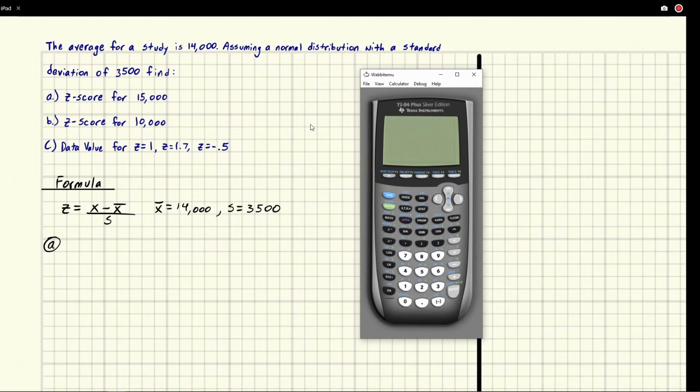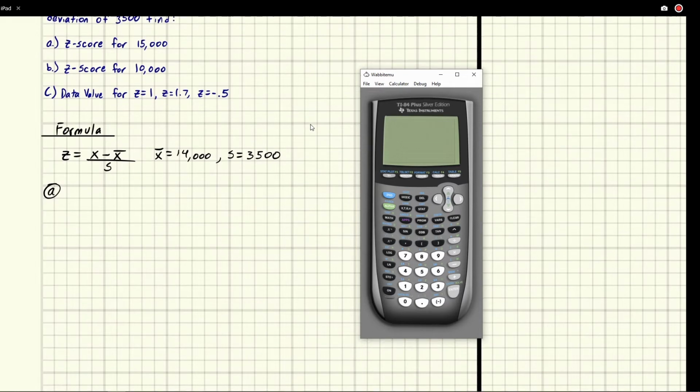That's the goal here. So we say, okay, well, the first one's for 15,000. So we say, all right, well, let's do that. z is equal to 15,000 minus 14,000. And then we're going to divide by 3,500. That's our S, right? So we just plugged it into the formula.